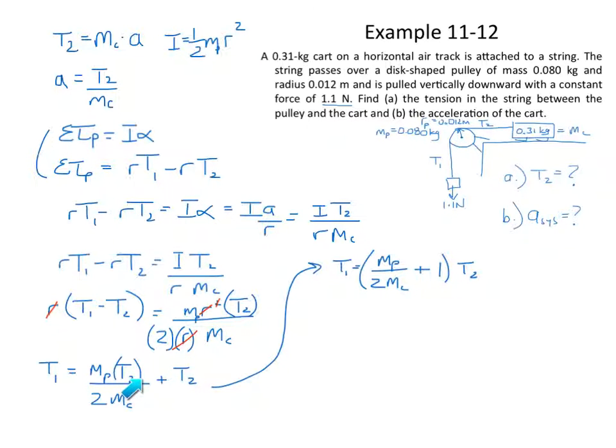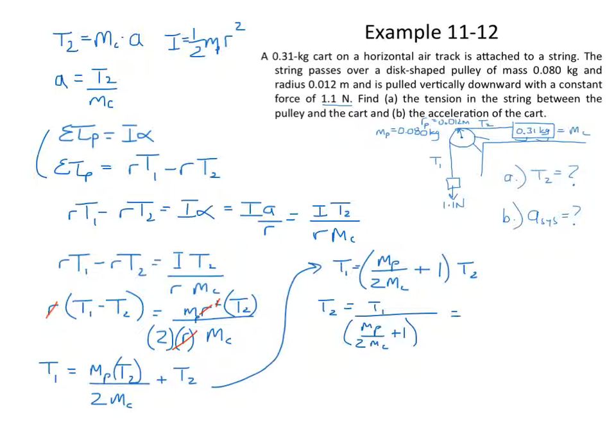That's why it's mass of the pulley over 2MC plus 1 times T2. The last thing we need to do to solve for T2 is simply to divide that down. So T1 divided by all this other stuff, mass of the pulley divided by 2MC plus 1, is going to be our working equation for this.